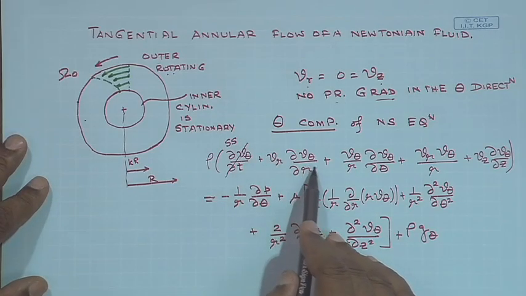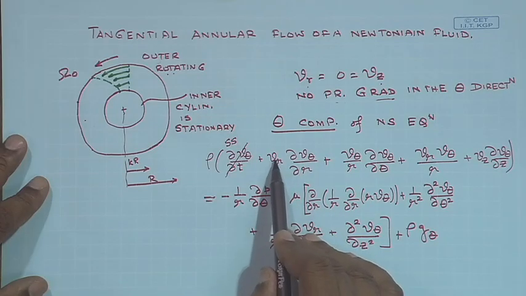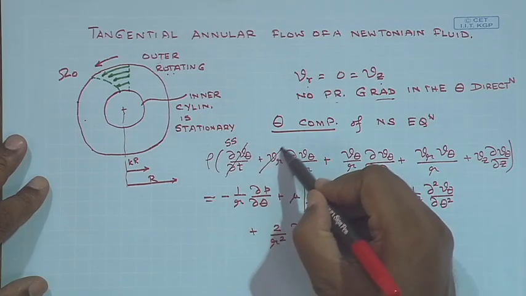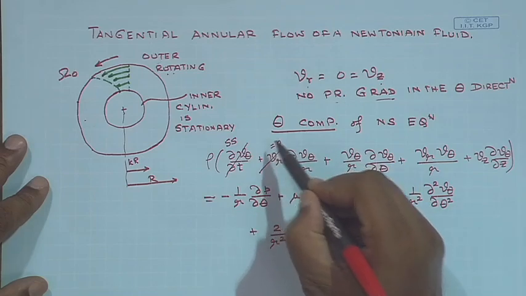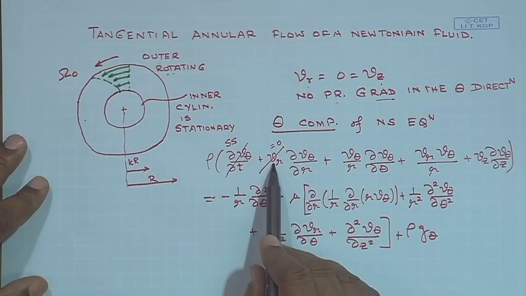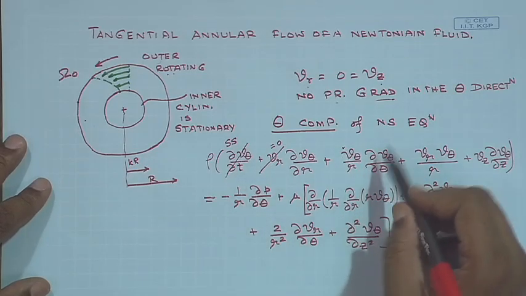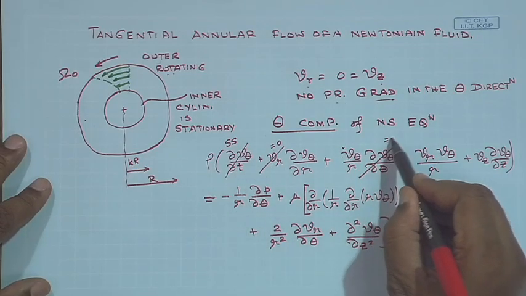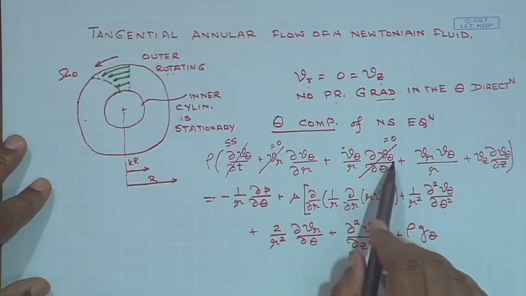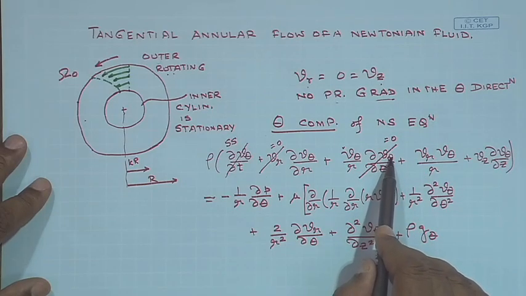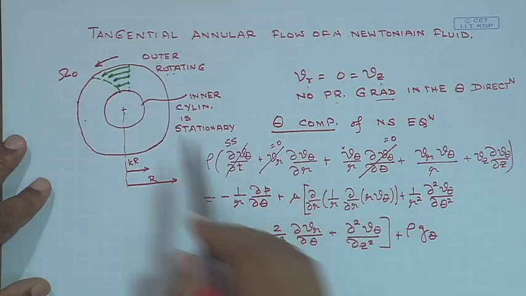Come to the next term, the variation of v theta with r, and I have a v r in here, but there is no velocity in the r direction. So, v r would be 0. Here v theta is non-zero, but del v theta del theta is equal to 0, which is a statement of the fact that the velocity is not a function of theta.